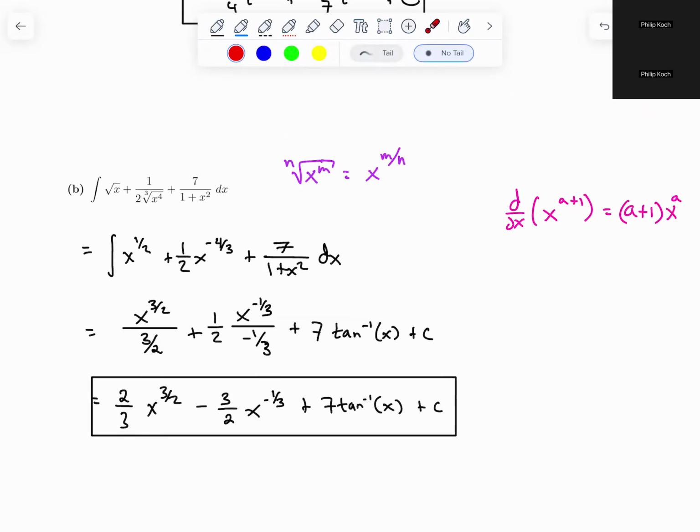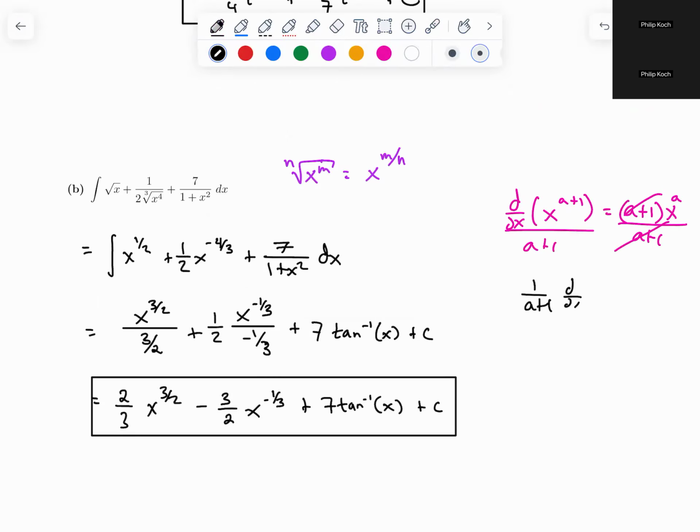So if you're trying to find the antiderivative, you have 1 over a plus 1 times the derivative of x to the a plus 1 is equal to x to the a. It's kind of a weird thing, but if you're trying to figure out what the antiderivative of x to the a would be, you have to think about what you'd need to take the derivative of to get x to the a, which is a plus 1.